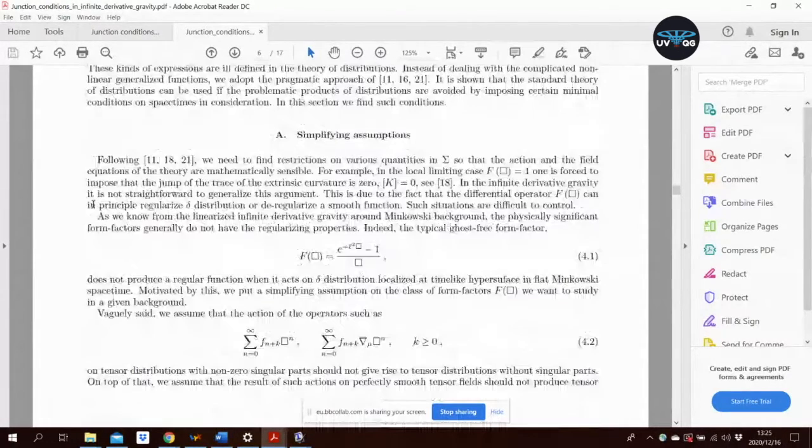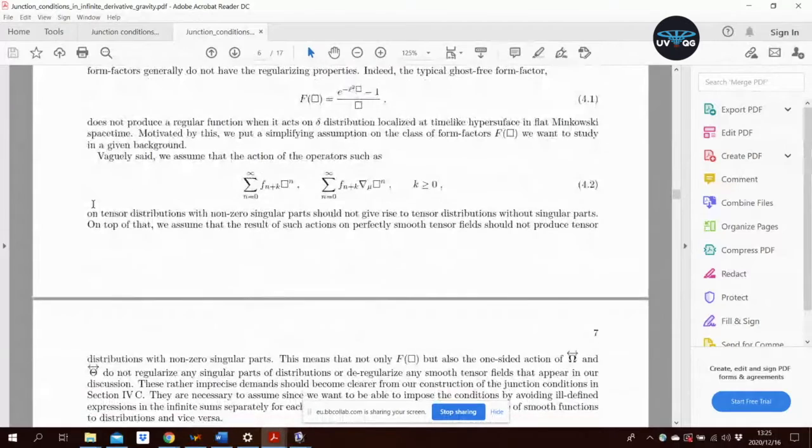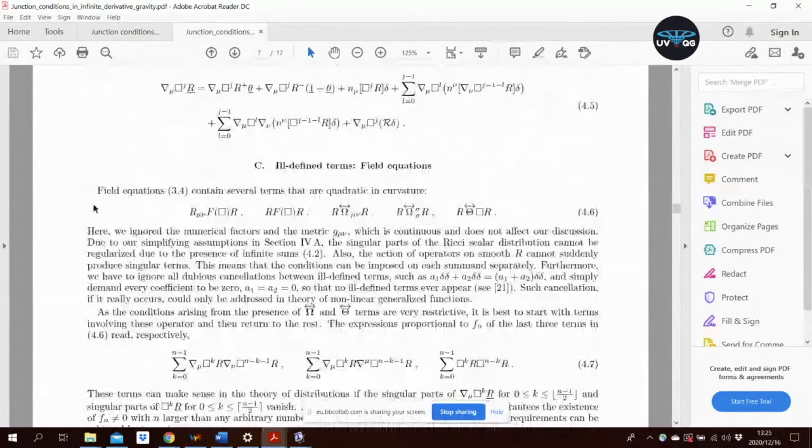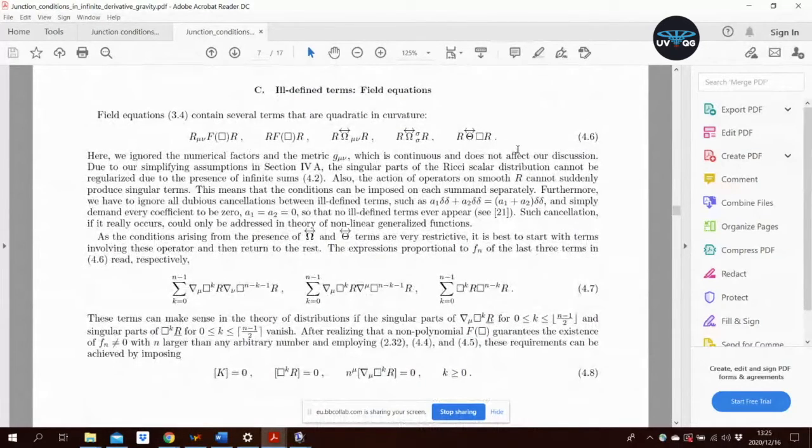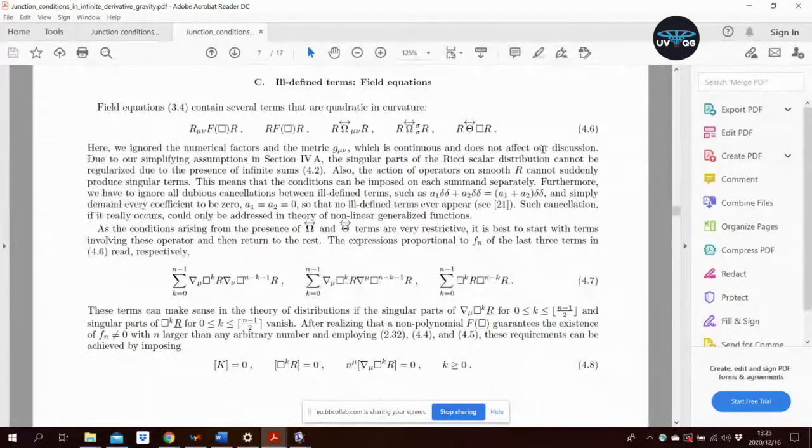But the thing you have to worry about is that there are some ill-defined terms in these field equations that cannot be there in a distributional sense because they are not well defined. In general, in linear distribution theory, you cannot have multiplication of distributions. So you need to avoid that in the junction conditions.